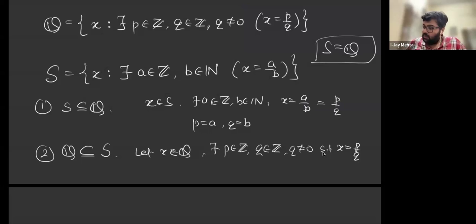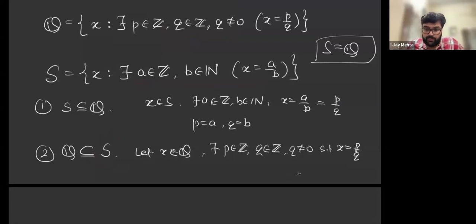Okay. So I started with X in Q, thank you, Rigved. And so I know that there is an integer P, there is an integer Q, Q is non-zero, such that X equals P by Q. What do I have to show? I have to show X is in S. For that, I need to show that X satisfies this property.